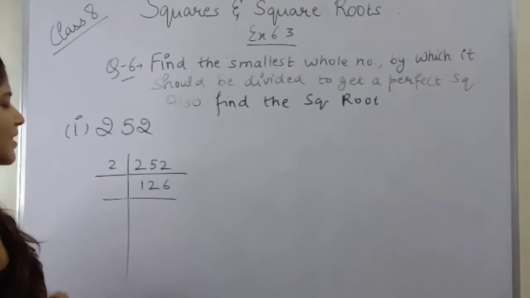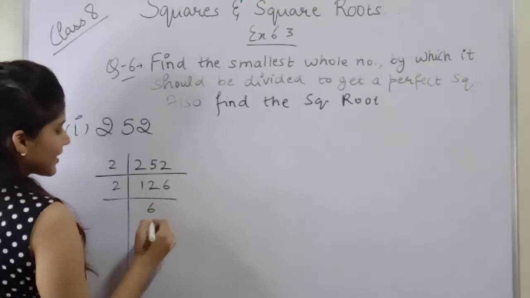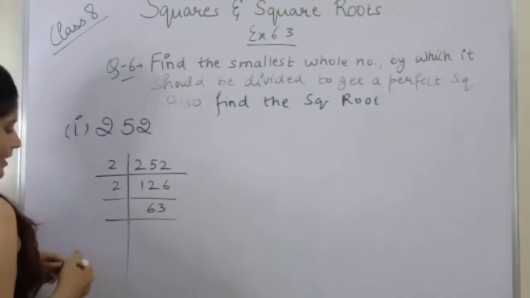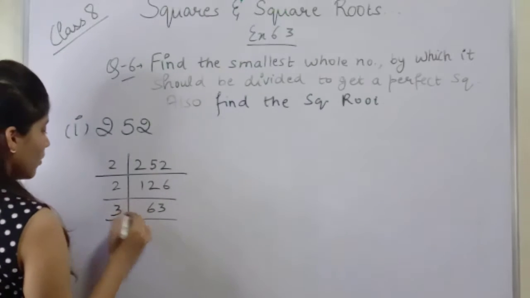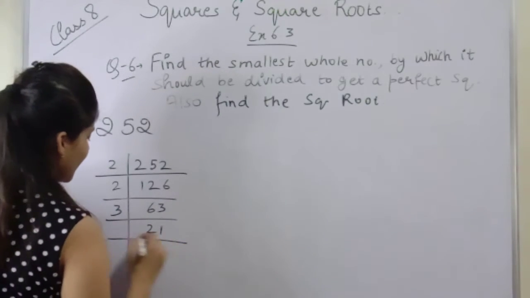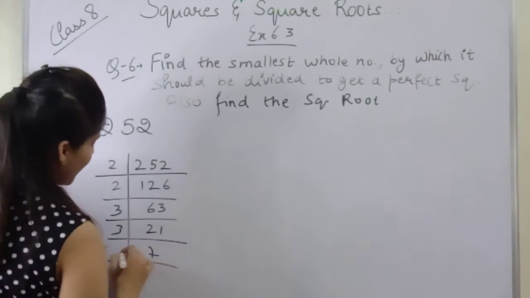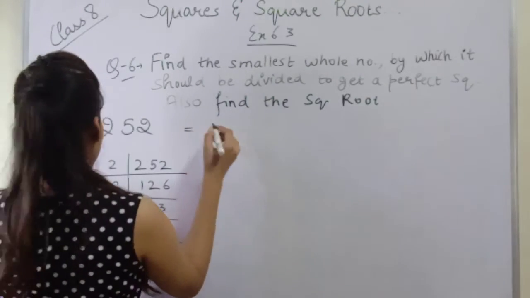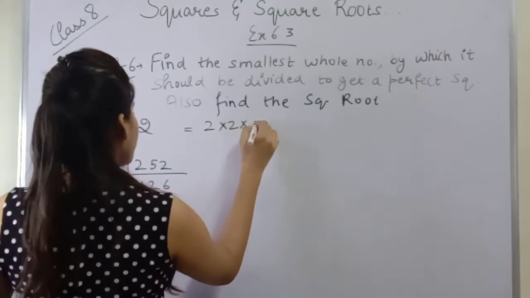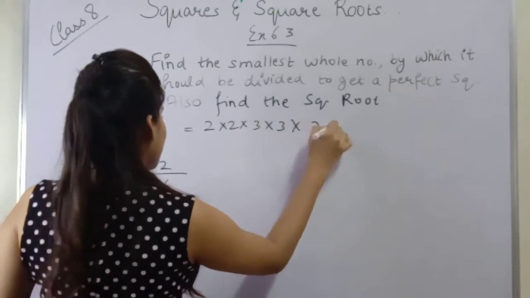Again 126 is a multiple of 2, 2 6s are 12, 2 3s are 6. Now 63 is a multiple of 3. So 3 2s are 6, 3 1s are 3, 3 7s are 21 and 7 1s are 7. So the factors of 252 are 2 into 2 into 3 into 3 into 7.